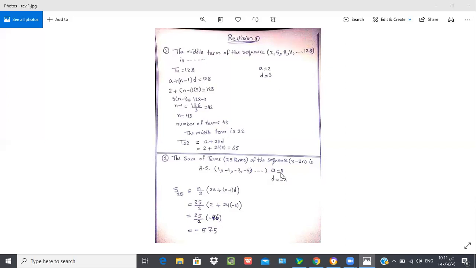This is the sequence, and a equals 1 and d equals negative 2. If you find S, he asks you to find the sum. Some people can't differentiate between the sum and T. Term 25 is different from the sum of the first 25 terms. So here S25 equals n over 2 multiplied by this; substitute and find it.